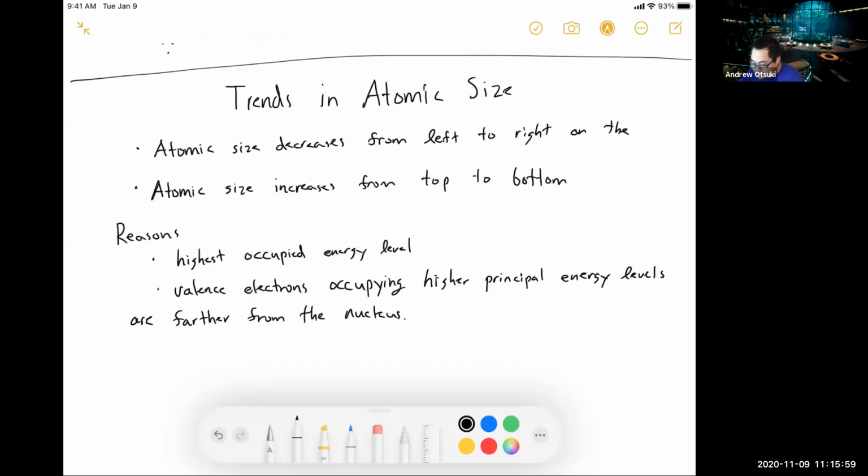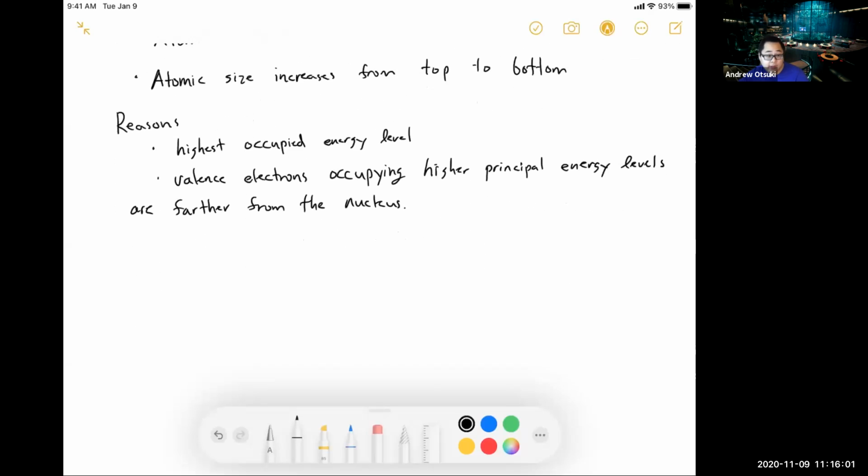So that distance is what causes the size to increase. And likewise, the other reason, so I'm just going to highlight a reason here. So this is one of them. And the next one is nuclear charge. So nuclear charge plays a role too. It's kind of what I explained for the first trend, but we're going to summarize it here.